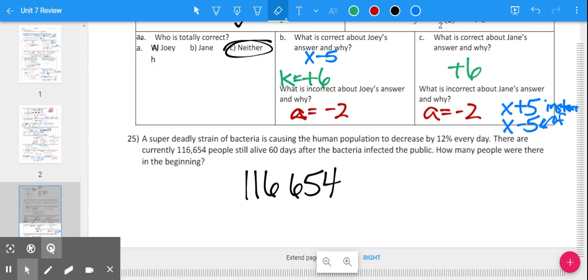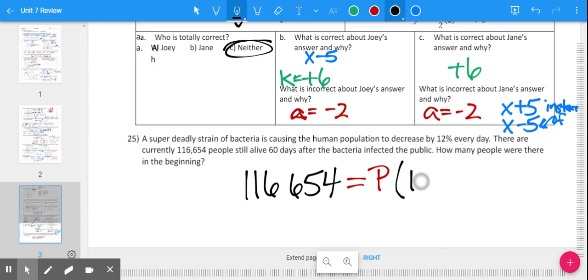So we know this is 60 days in. We don't know the original amount, your principal, so I'll put a P here. We know that it is decreasing by 12%, so that's 0.12, and that 60 days have passed.